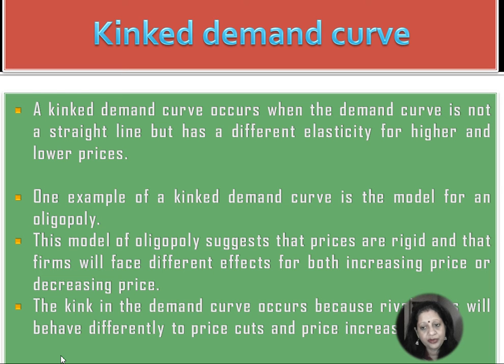So in the kink demand curve, changes in the level of price play a very important role. The kink in the demand curve occurs because rival firms will behave differently to price cuts and price increases.